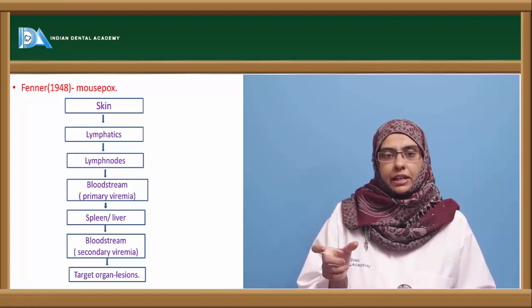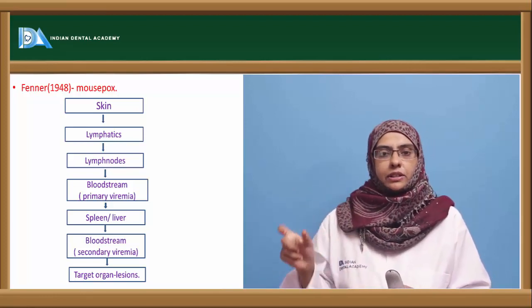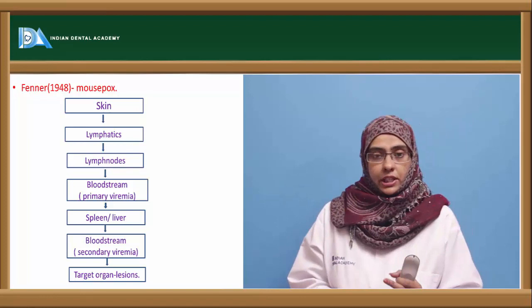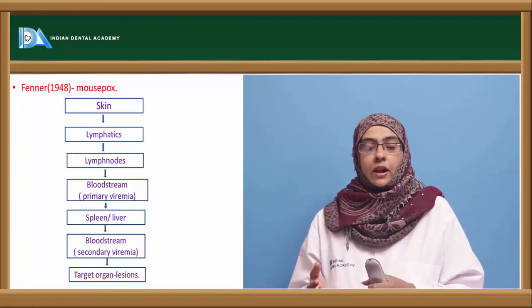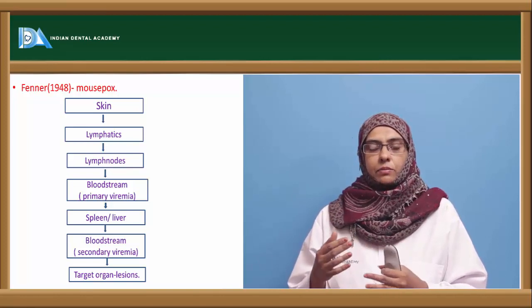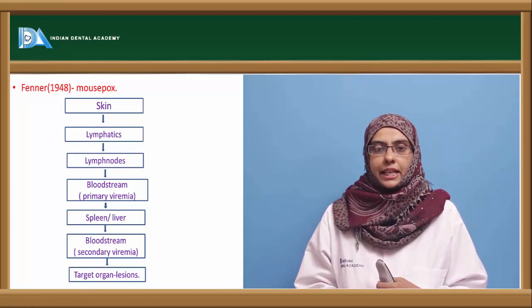Now when the primary viremia takes place, the viruses are carried on to the spleen or the liver, where they usually multiply again for the second time, giving a central foci. Now after the central foci is formed, here again the virus gets disseminated into the blood. This is called as a secondary viremia.